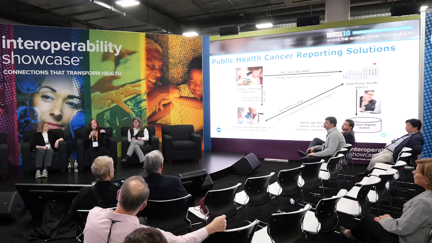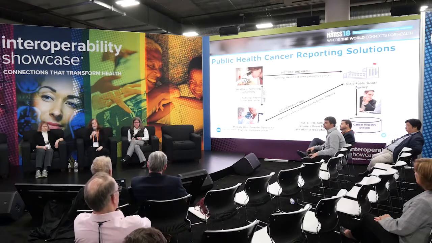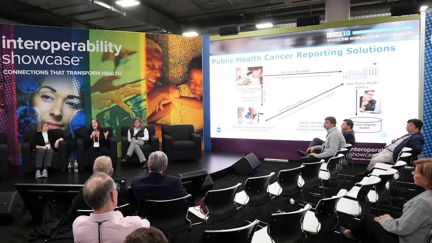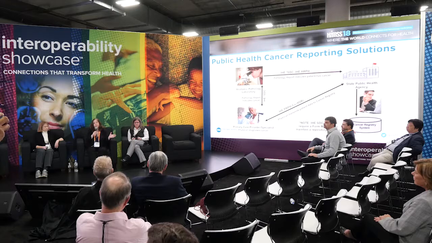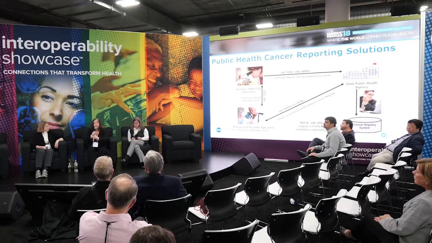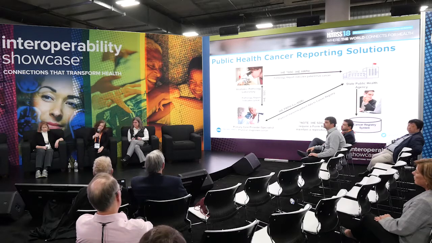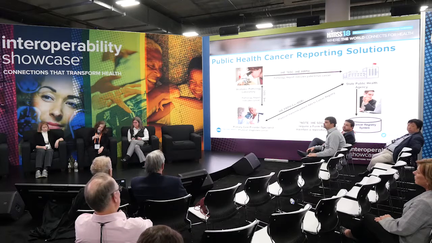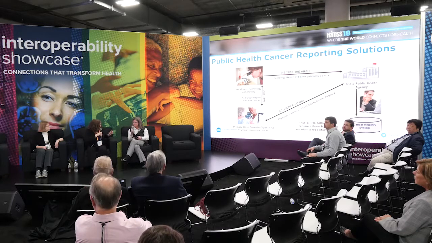And I should mention the difference between that SDC and ARPH is that the ARPH HL7 version 2 is text-based pathology reporting, which is the traditional type of pathology reporting that's being used mostly today, but we're trying to move, and the College of American Pathologists is trying to move, to this more structured data approach using that structured data capture. And I think that covers that, and I believe that's the last slide.